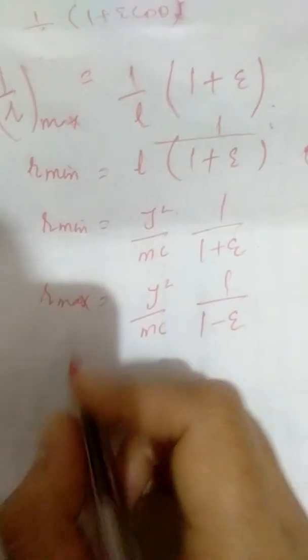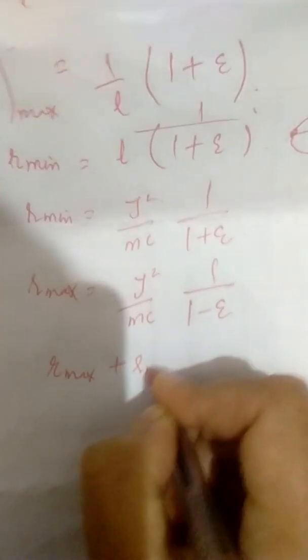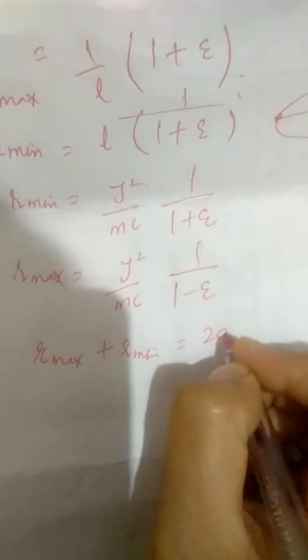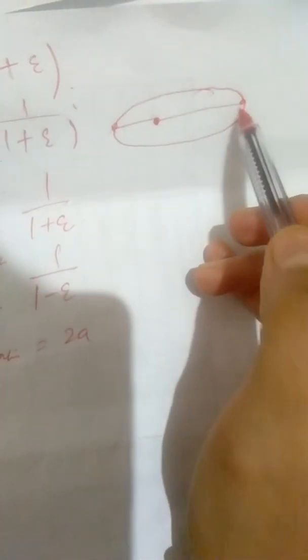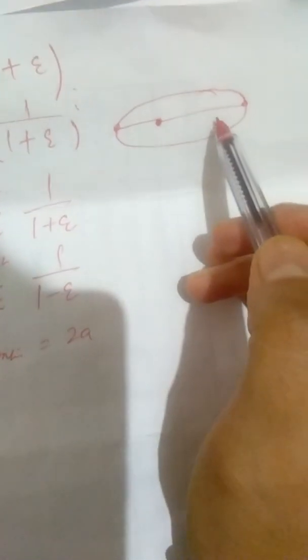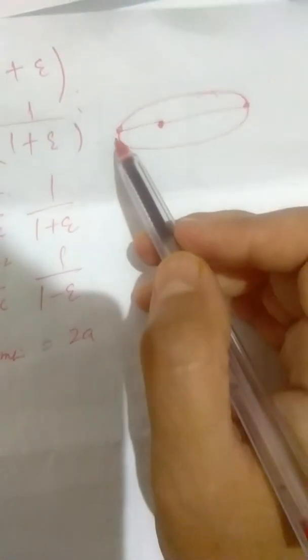So we can write that r max plus r min is basically 2a, because 2a is the length of the major axis. Obviously, this is the sum of the two distances when the planet is farthest from the sun and when it is nearest to the sun, right?